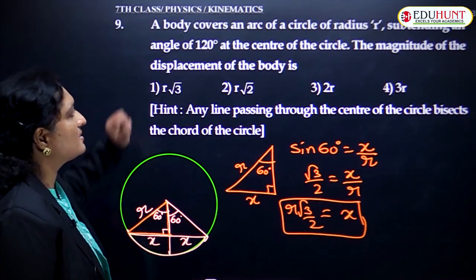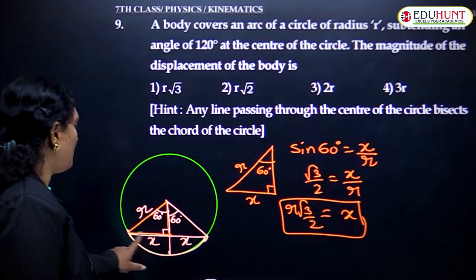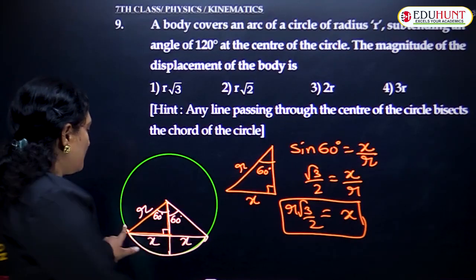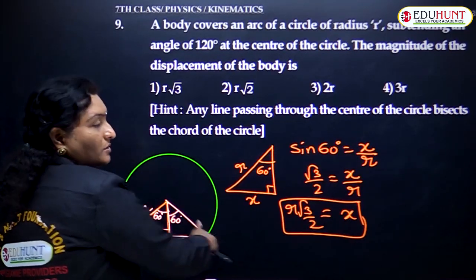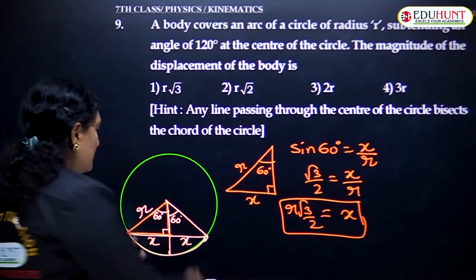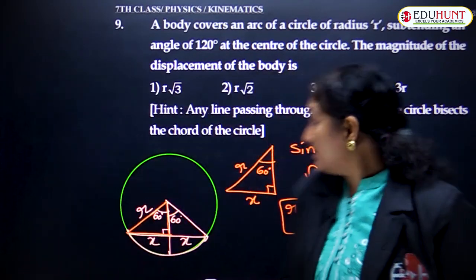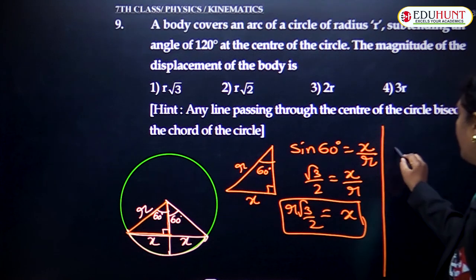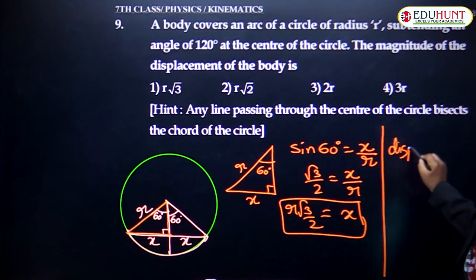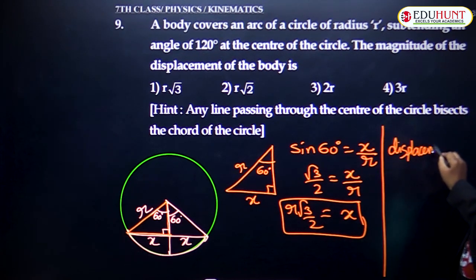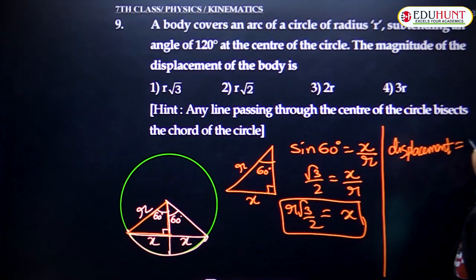But what you have been asked to find, the displacement of the body, means not from here to here. It is completely from here to here. What is the total length, children? It is 2x. Hence, the total displacement is 2x.